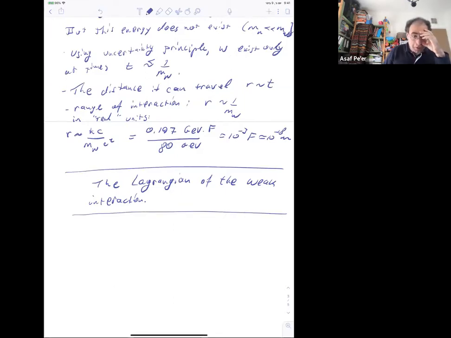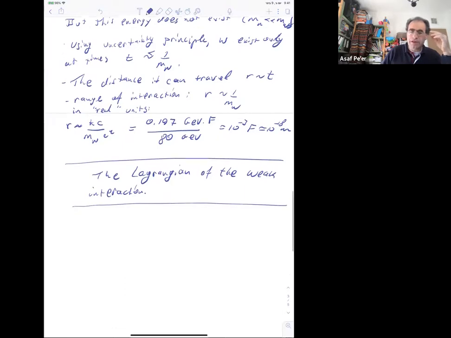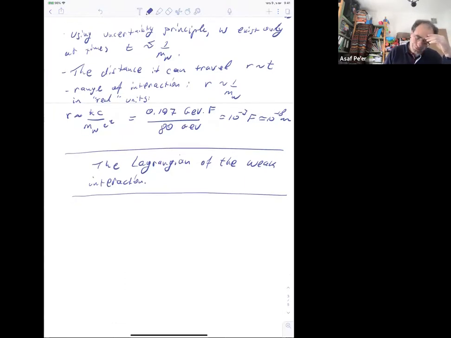Okay. So here we have some problems. The first problem: we wrote down the Lagrangians of the electromagnetic interaction and of the strong interaction, but we had no problem because the gauge bosons were massless, right? But here we do have a problem because we do have a mass for the gauge bosons, and they break the symmetry of the Lagrangian.